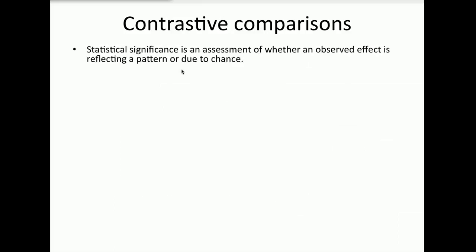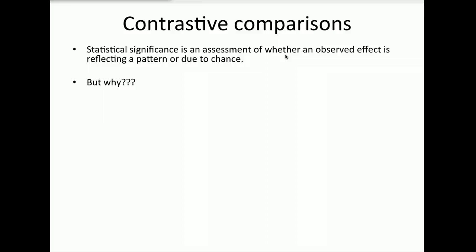So for that we use significance tests, and the concept of significance has to do with the assessment of whether an observed effect reflects a pattern rather than just occurs due to chance.